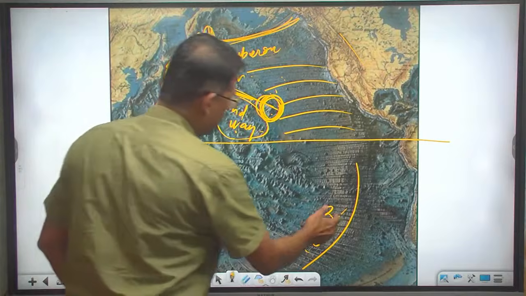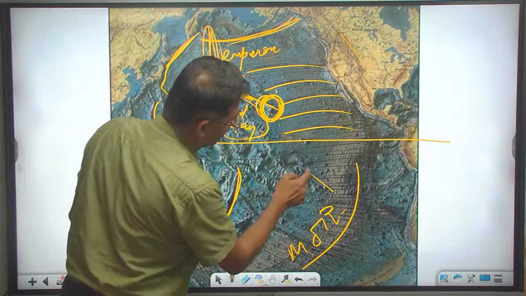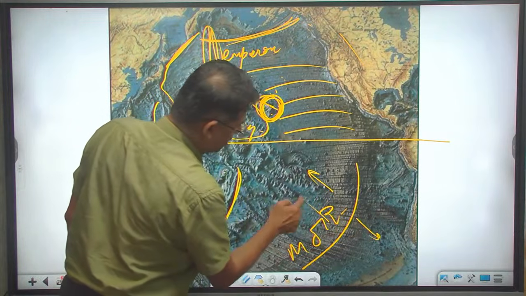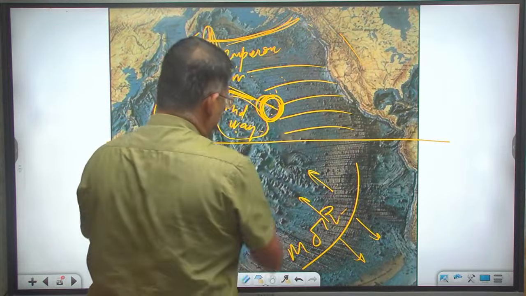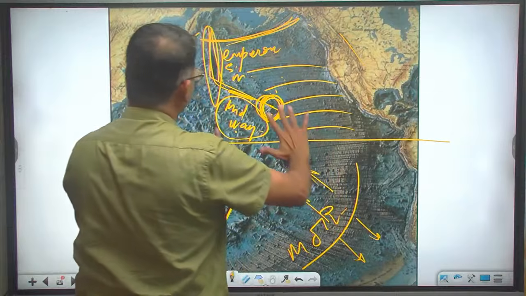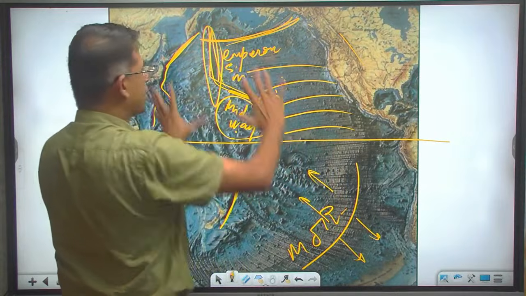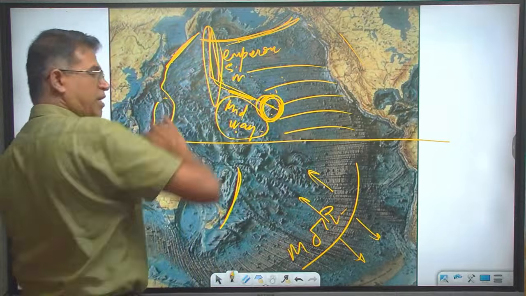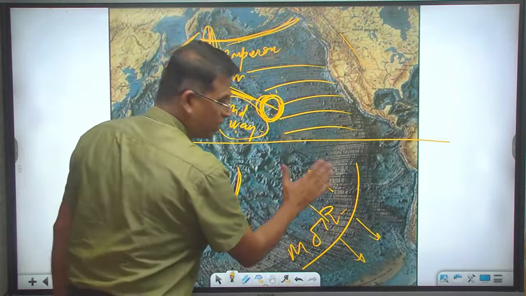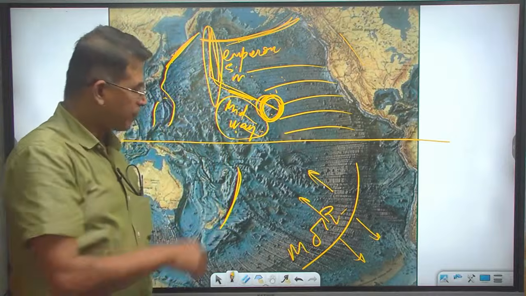So from here you'll have the push like this. Because of this push, how will this whole Pacific plate be moving? Northwestwards. That's why you have subduction here, here, and here. It is pushing the whole thing northwestwards. Next slide down.